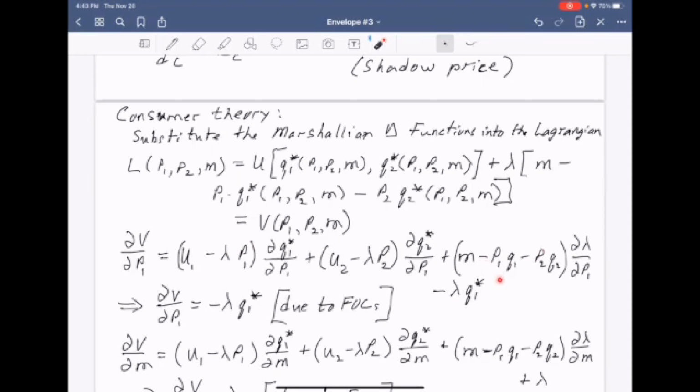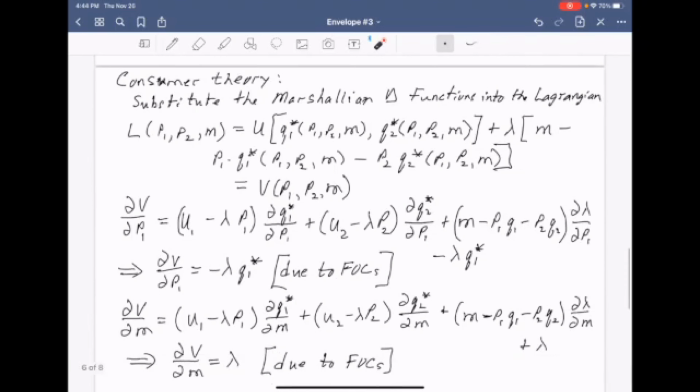So what we're left with is this part of the result, and we get that the partial of V with respect to P1 is equal to minus lambda times Q1 star, where Q1 star is the Marshallian demand function.